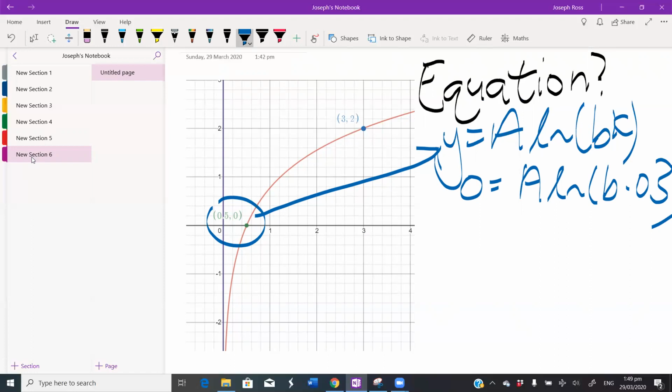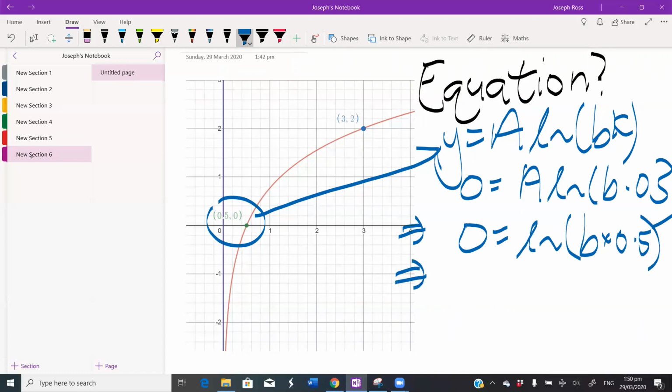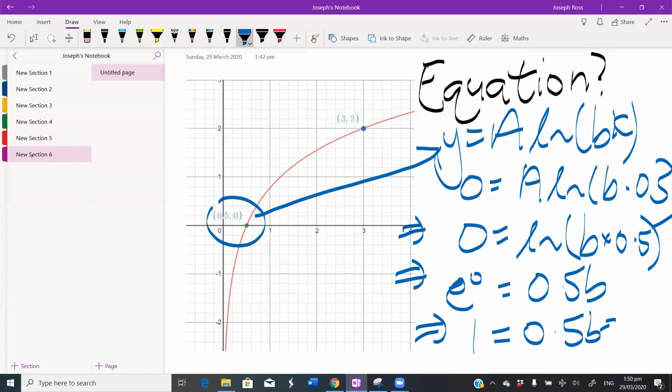We get b by firstly dividing through by a. If we divide both sides by a, we get 0 divided by a, which is 0, equals ln of b times 0.5. Then if we take e to the power of both sides, we get e to the 0 equals 0.5b, and e to the 0 is 1, so 1 equals 0.5b, and that means b must be 2.